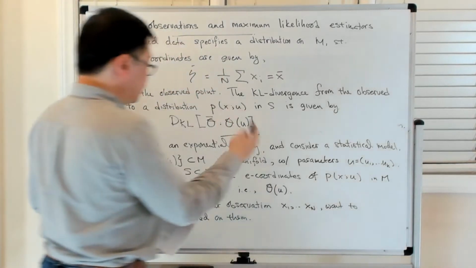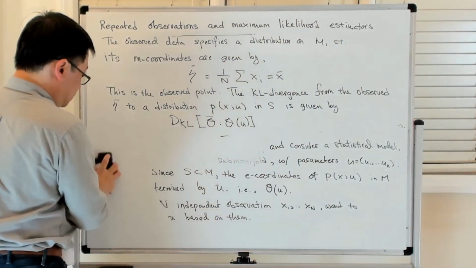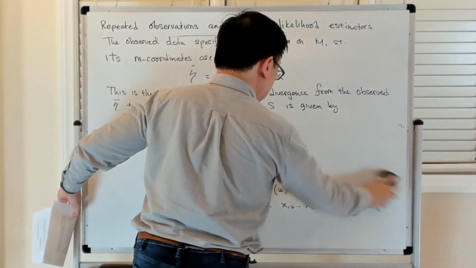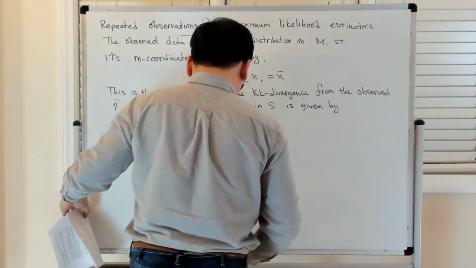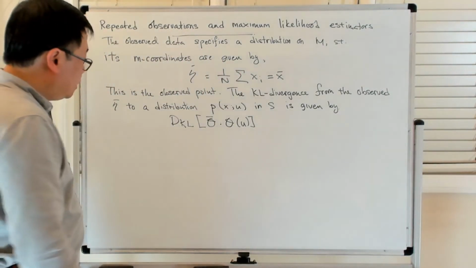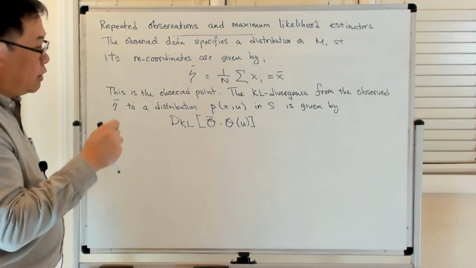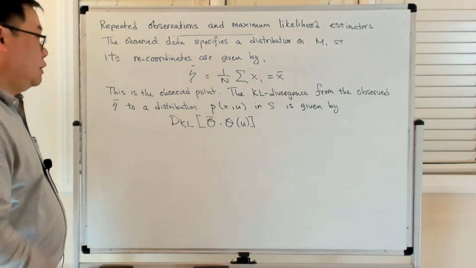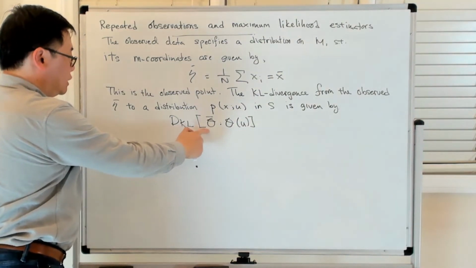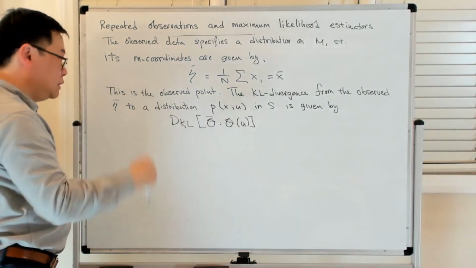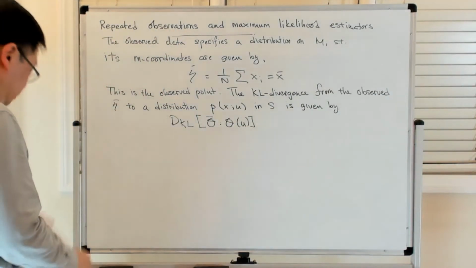And this is the thing in S which you're trying to figure out. So this is a trick we've seen before in the context of the maximum likelihood estimator. You think of the observed data, in this case the mean x bar, as the coordinate of the dual variable. You look at its corresponding primal variable as a point, which you're then trying to find the closest point to on the space of statistical models.